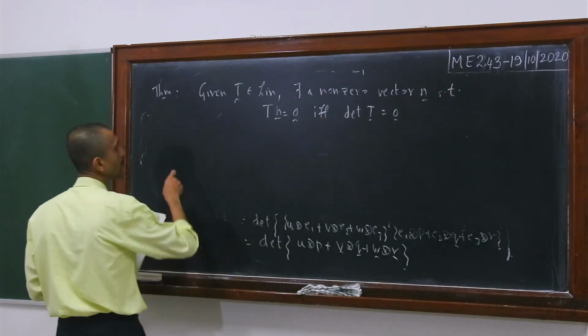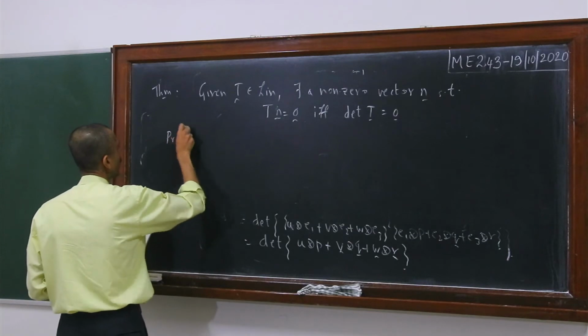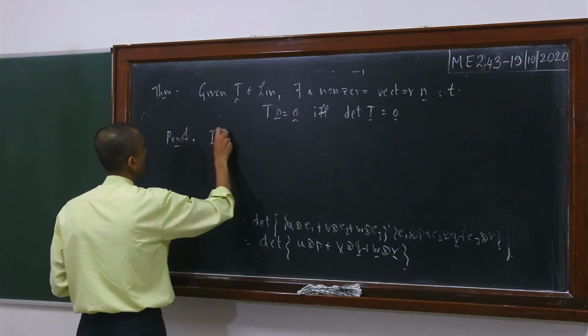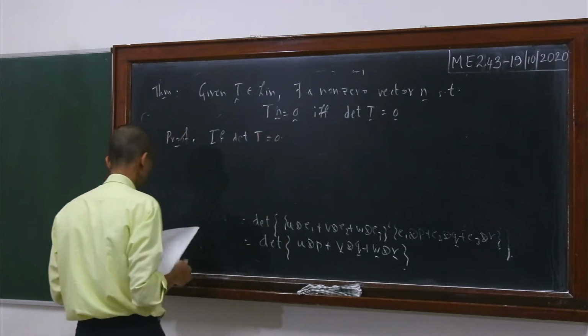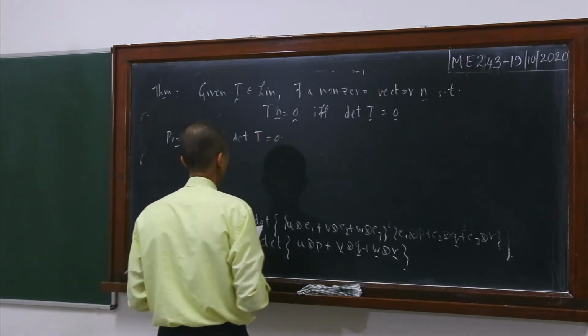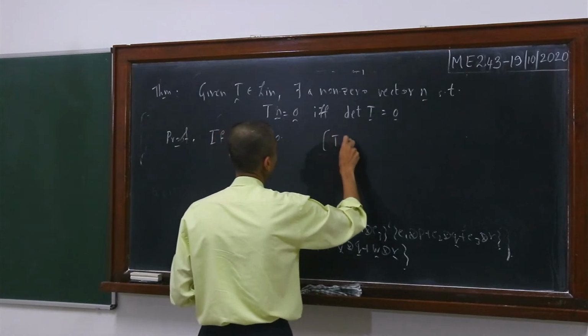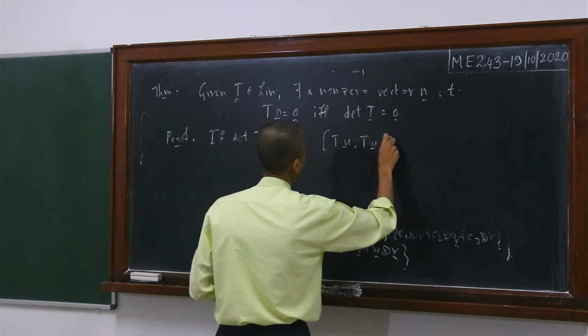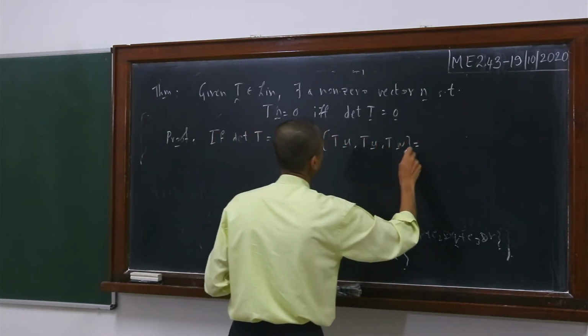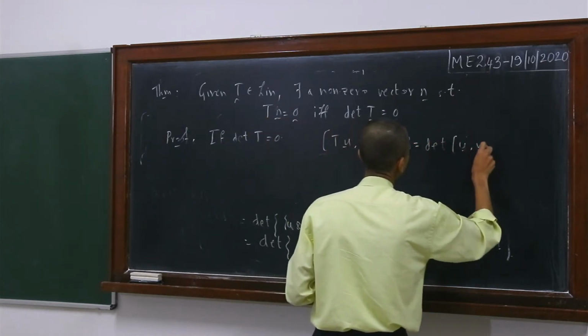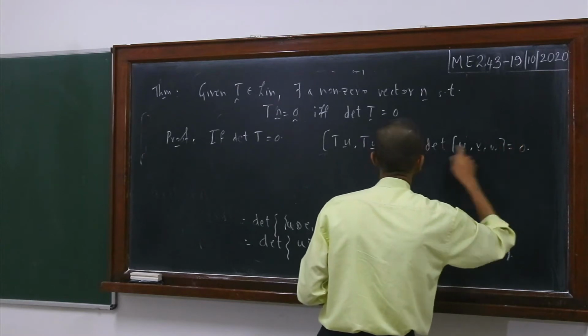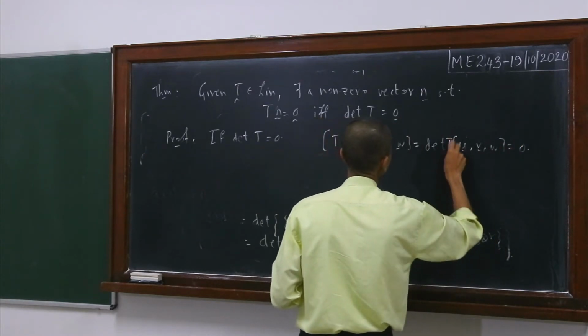So proof: if the determinant of T is equal to 0, then from that same relation, [Tu, Tv, Tw] is equal to the determinant of T times [u, v, w], which is equal to 0, because the determinant of T is equal to 0.